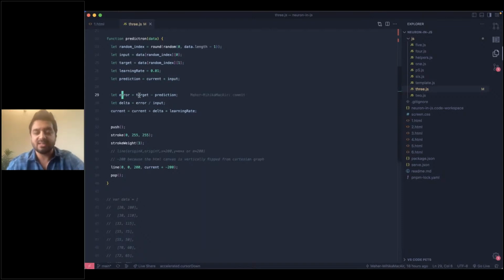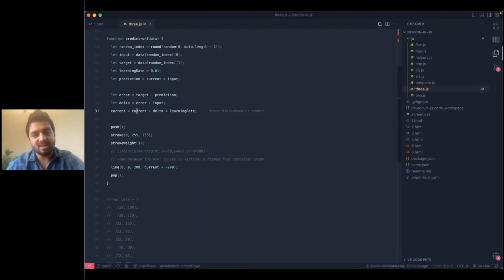The error was basically target minus prediction, or we could have kept it the other way around. And our delta was basically error divided by input. I could have done that, but in this code, just for simplicity, I have eliminated that negative sign for you guys. So even this works.